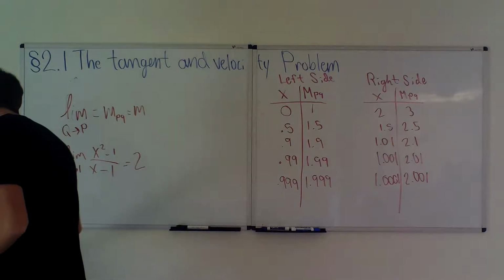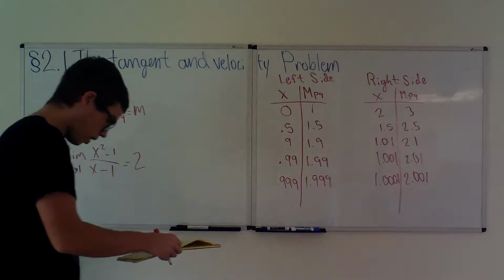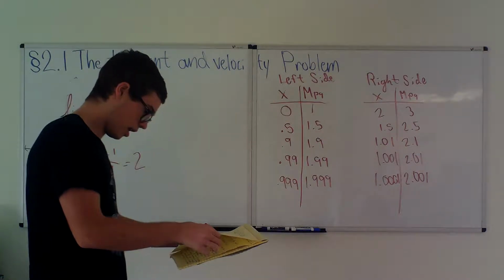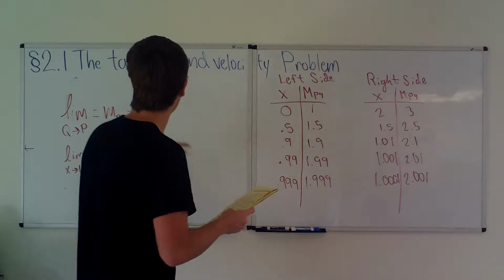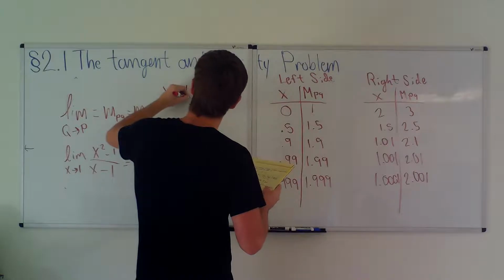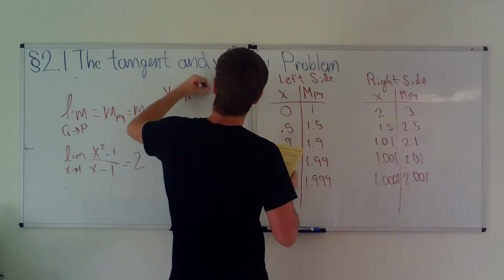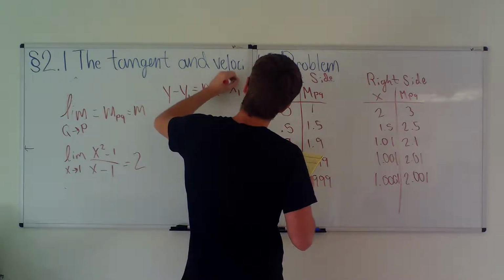So now that you have your slope of 2, you can plug it into the point-slope equation that, as I'm sure you all remember from Algebra 1, y minus y1 is equal to the slope times x minus x1.